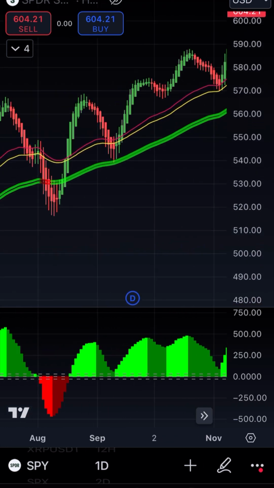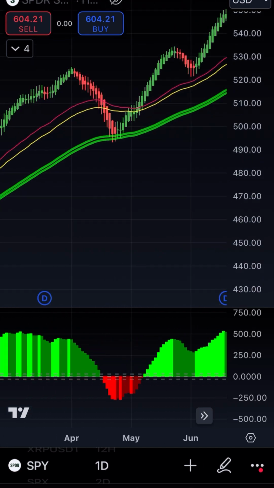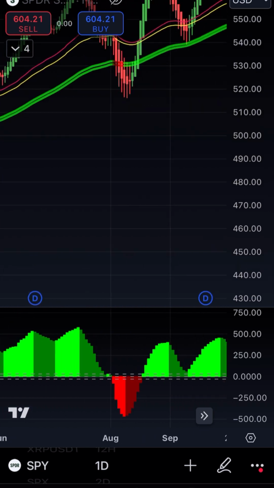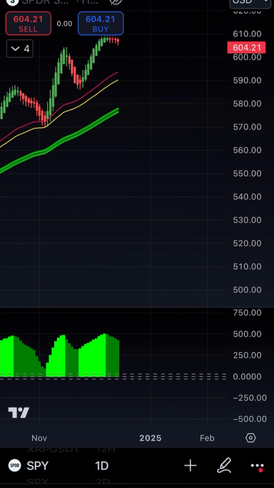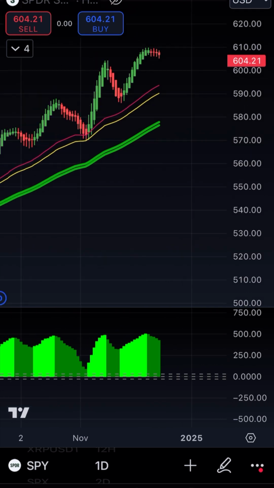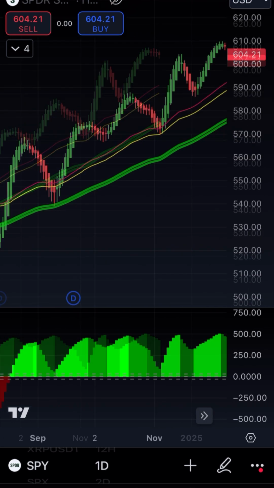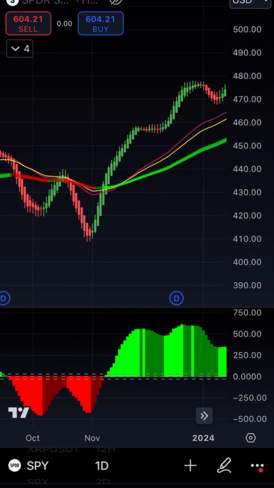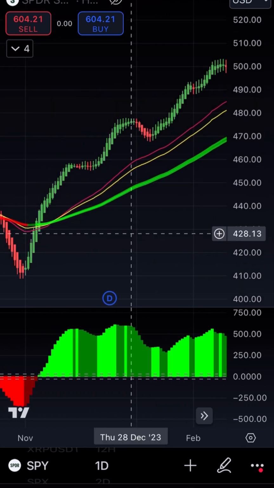From the moment that it crosses, right here, the trend has been going up, so the trend of it going up is what you need to be focusing on. If you miss the cross, here's what to look for.